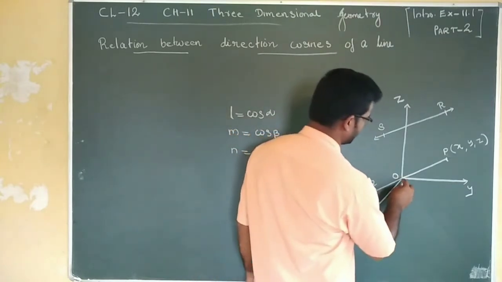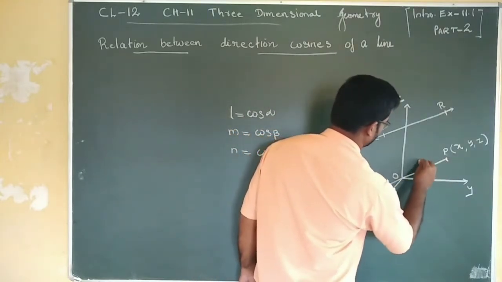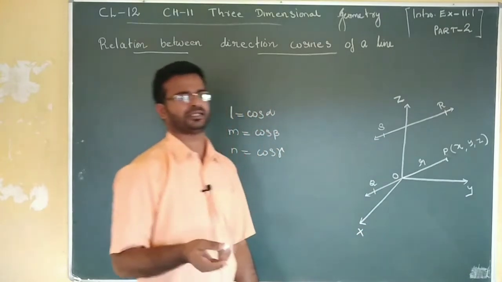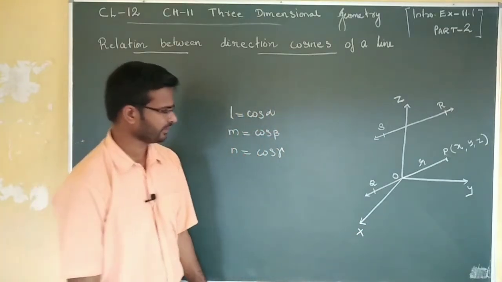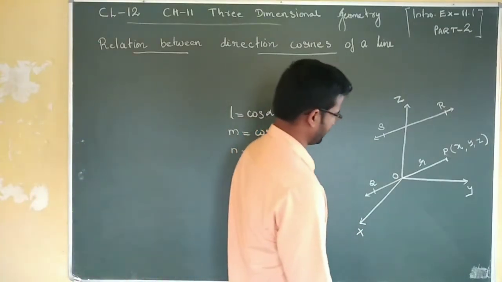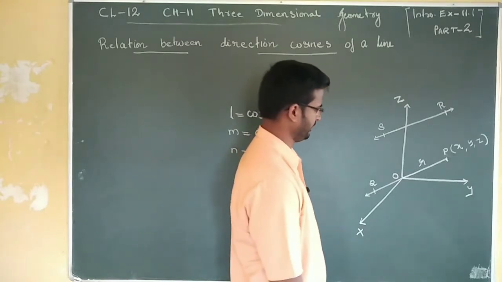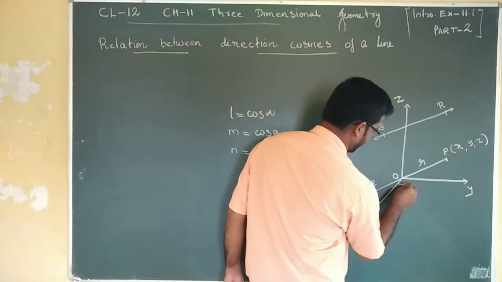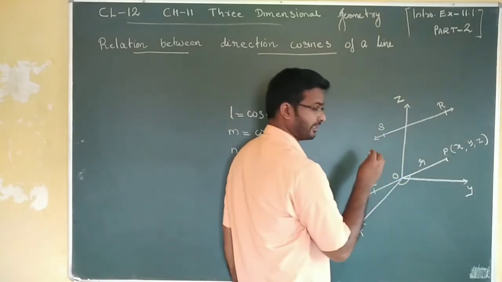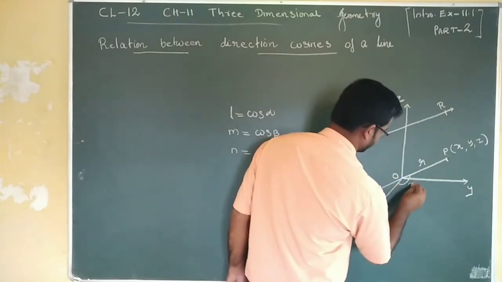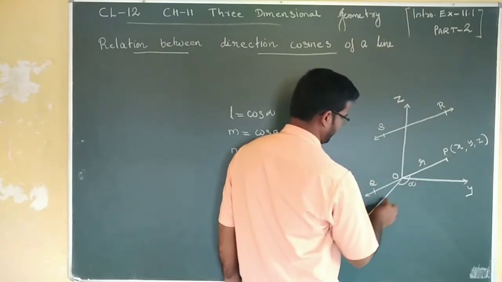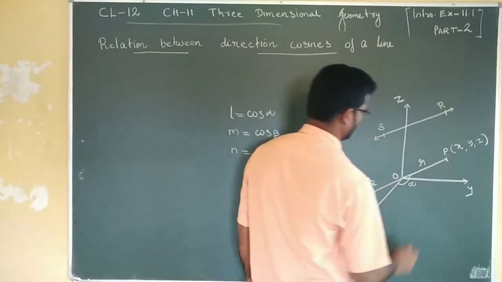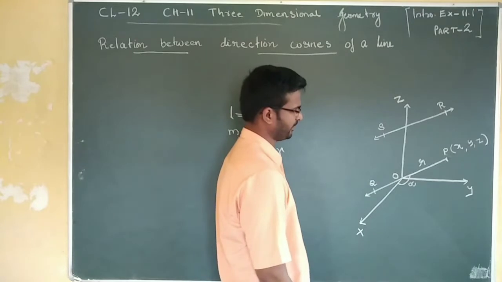Then the distance OP is r, which is also another number. Now we can make a right angle triangle here. The angle between the X-axis and our line OP is alpha.